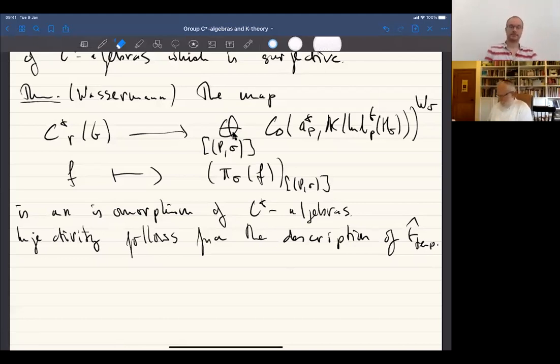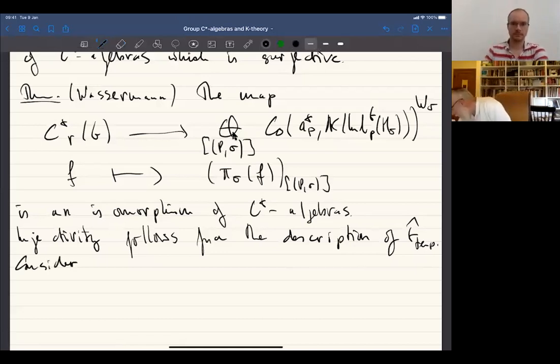And that will eventually allow us to compute the K-theory. So going ahead with that, consider the following. So A star P times the representation space.